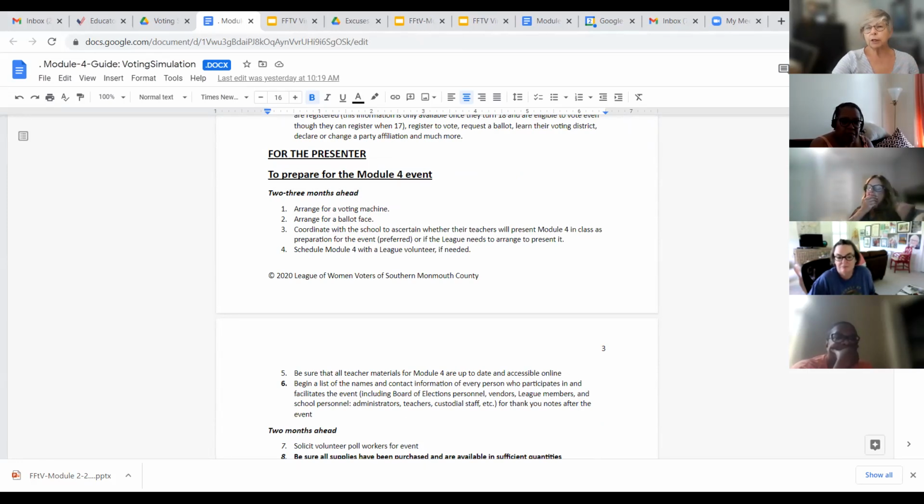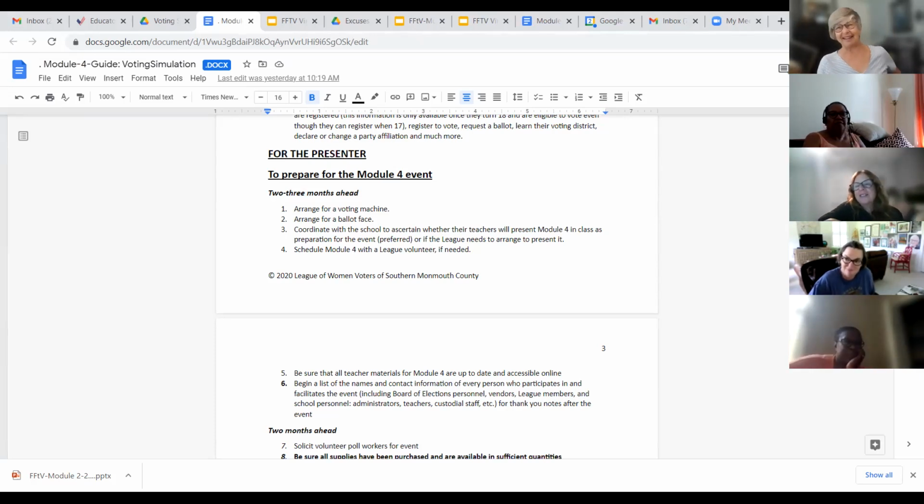So when you're talking to schools about doing this, everybody wants it right before the election. Sorry, we can't do it then. And this is why, to keep our elections secure. So schools have done it at other times in the year. It's not a problem. Once they realize why it's happening and they realize the value of the activity, it's not a problem to schedule it another part of the year.